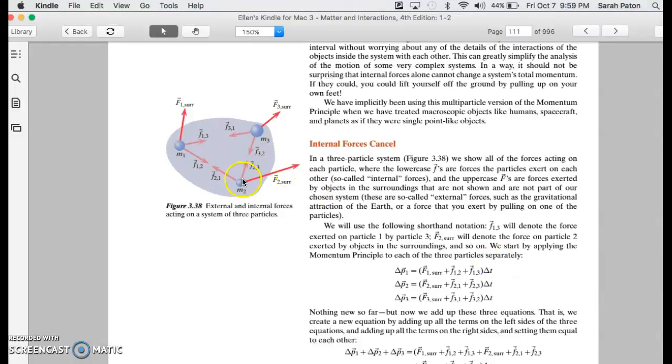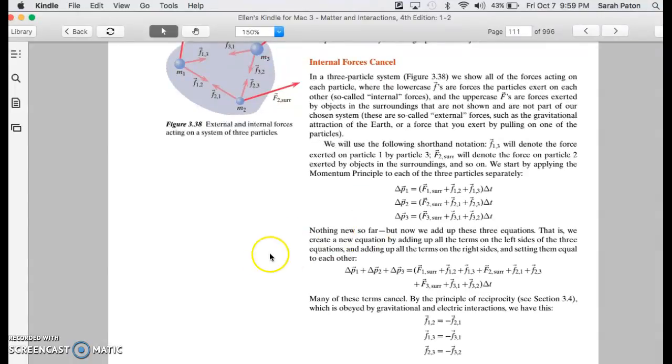And then the same thing for the change in momentum of object 2. Its total change in momentum is equal to the external force of the surroundings on 2 plus the internal force of 1 on 2 plus the internal force of object 3 on object 2, all times change in t, and same thing for object 3.